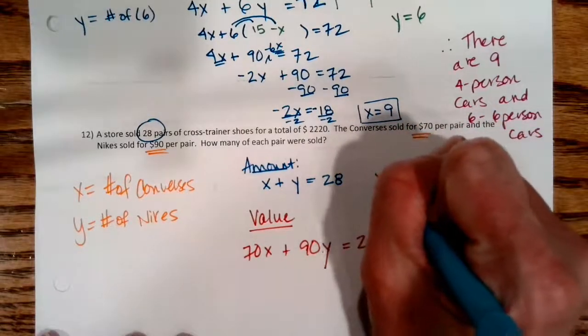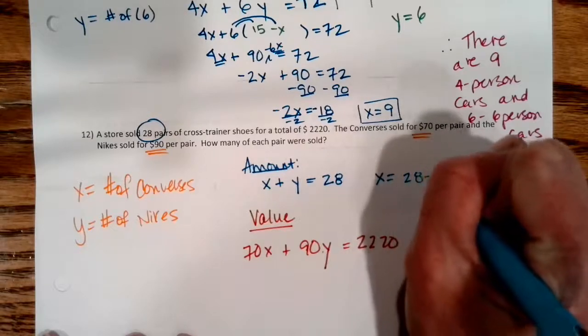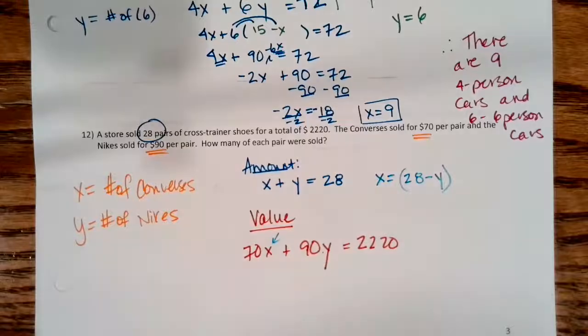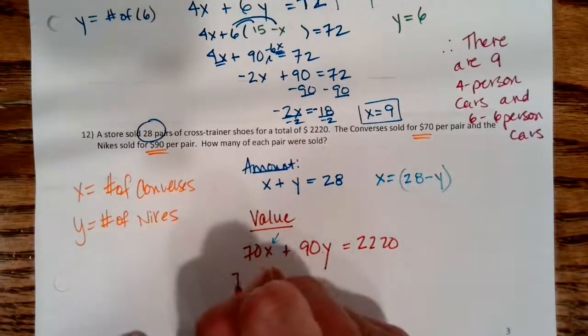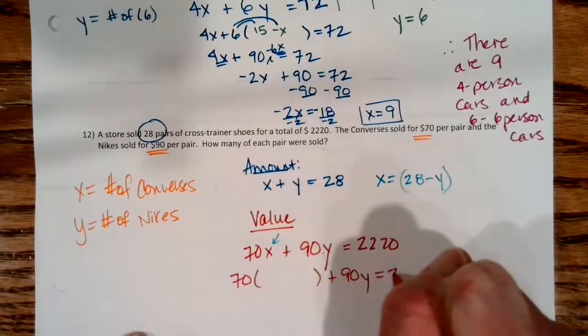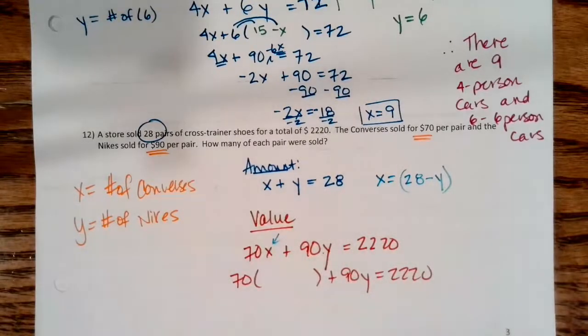I'll say X is equal to 28 minus Y, and that's what I'll put in for this X here. 70 times my value of X plus 90Y equals 2,220.